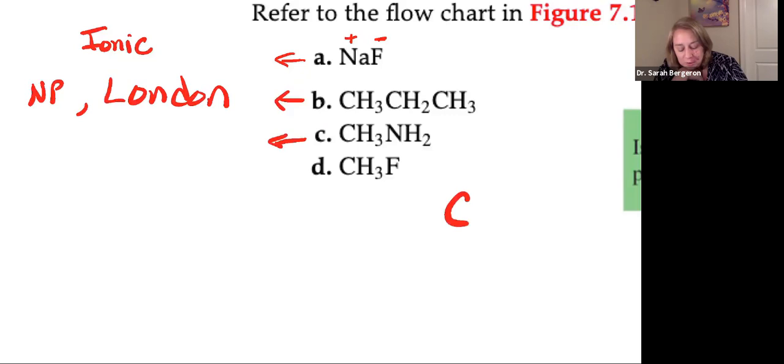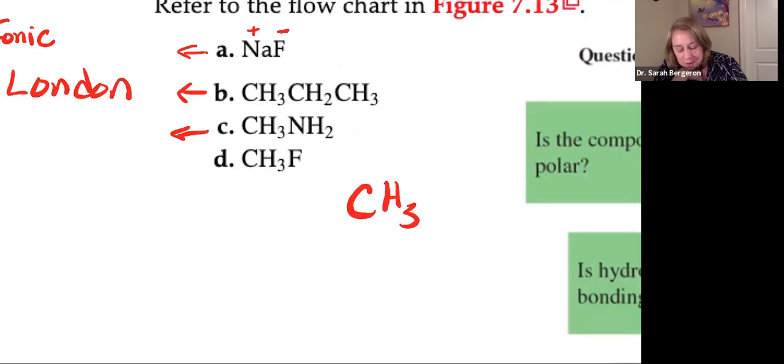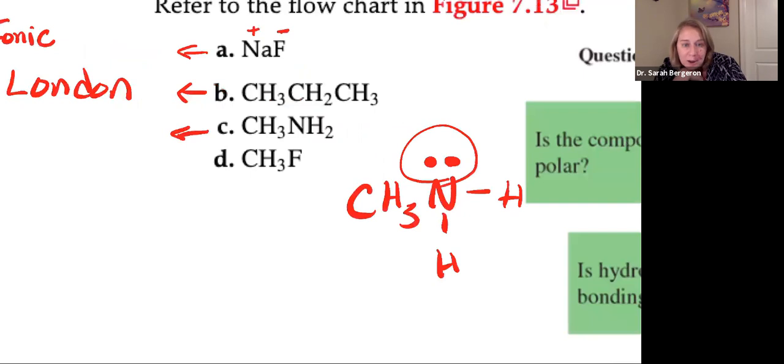All right, CH3NH2. So you might have to draw this one out. What do we have on that nitrogen? We've got a lone pair on the nitrogen, right? Well, that can interact with another molecule of the pure substance, so this is going to end up being an acceptor.